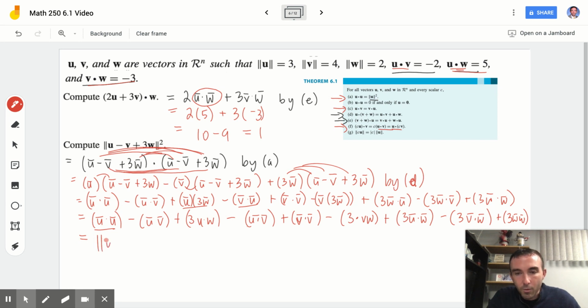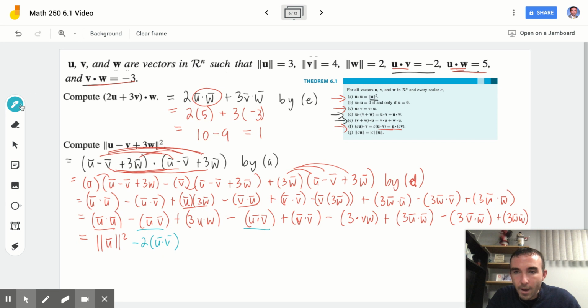So I'm just gonna write that out like that. With UV, I have a negative UV here. I'm just going to underline it, and then I have another one over here. So I'm going to just combine those together as a minus 2 UV by adding up like terms.